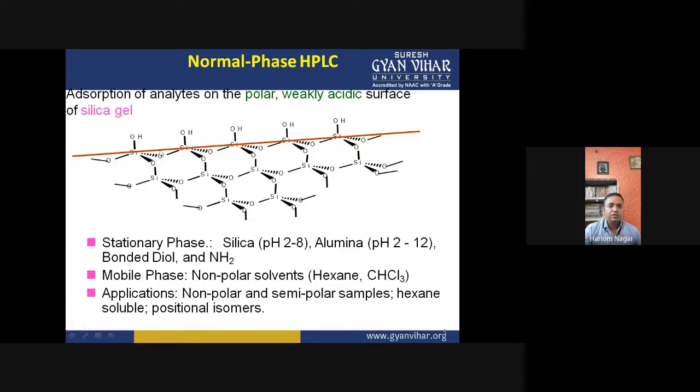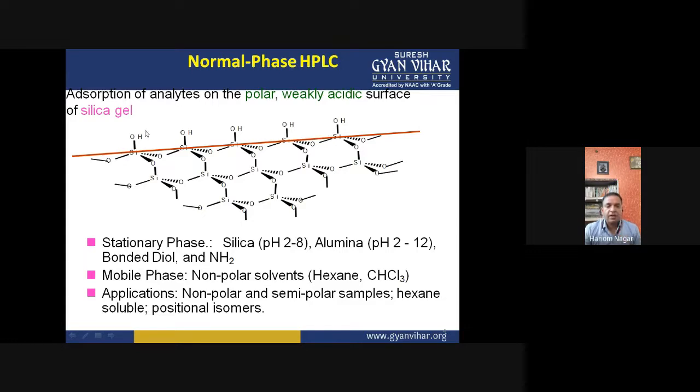This is the silica gel, which contains silicon groups, silicon plus OH. This silicon group contains OH groups at the surface.